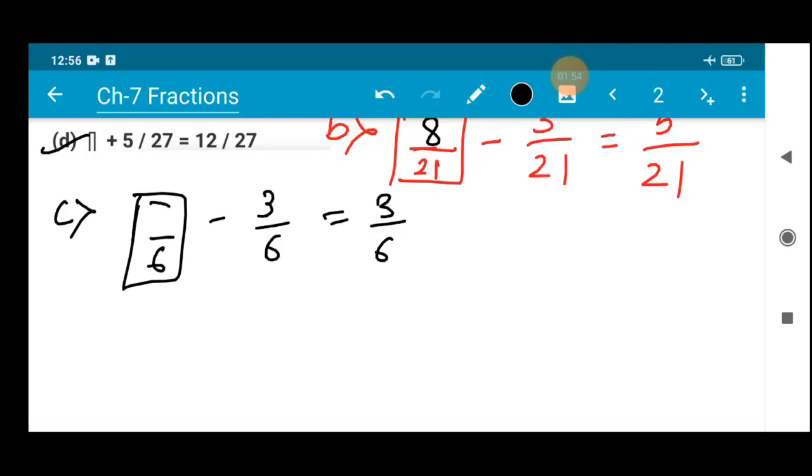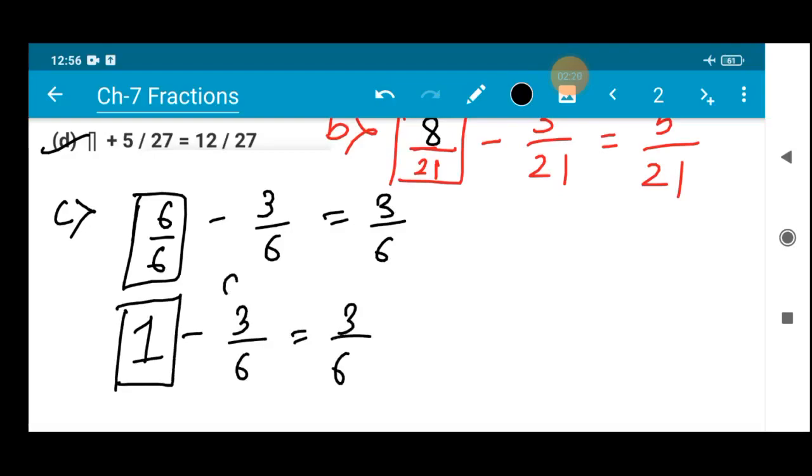But putting what number in the numerator, you will be getting the value 3. So of course 6, right? 6 minus 3 is 3, and the denominators 6 and 6 will give us one single denominator, that is 6, isn't it? So you can write over here 1 also, 1 minus 3 by 6 is equal to 3 by 6. That will also indicate the same.